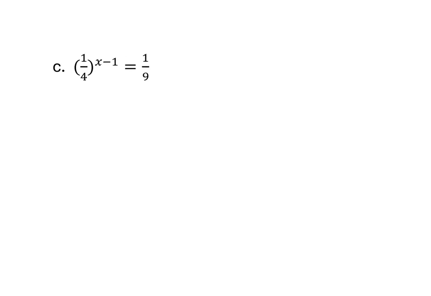All right, we're going to come down to example C. We do have our exponential isolated. And for this one, we cannot write them with the same bases. And so we do need to go ahead and take a log of both sides.